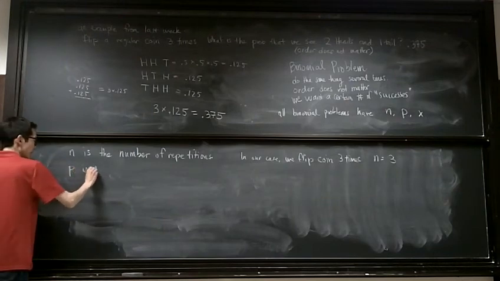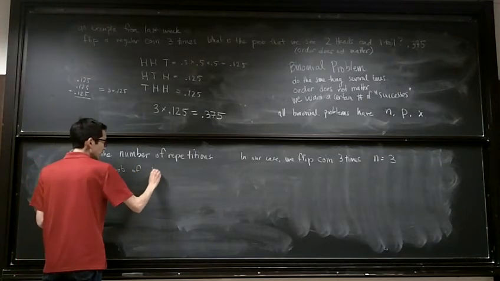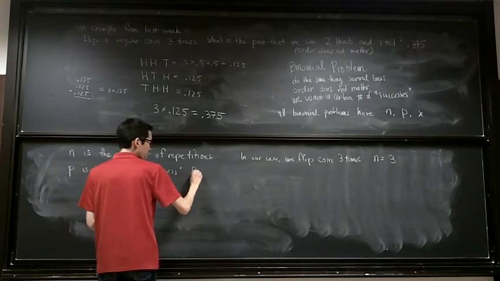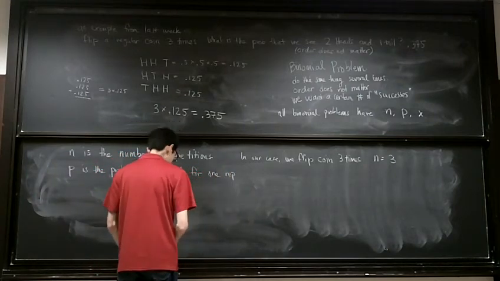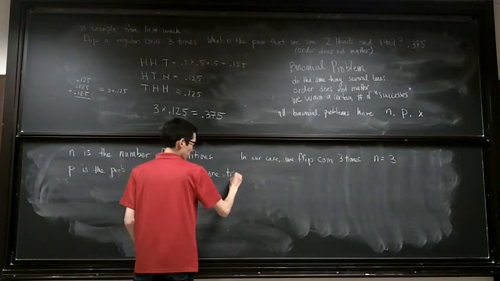P is the probability of success for 1 repetition, or 1 try, I should call it.